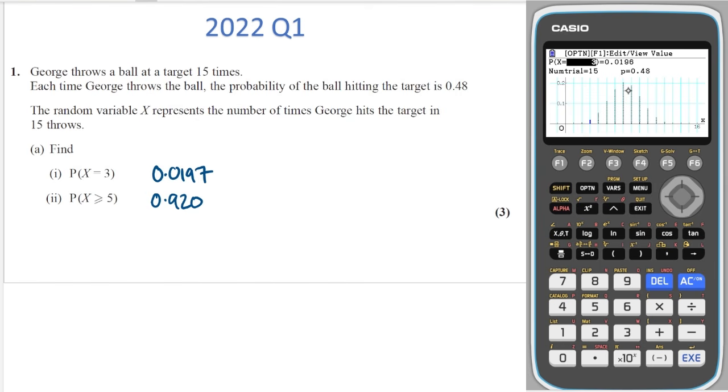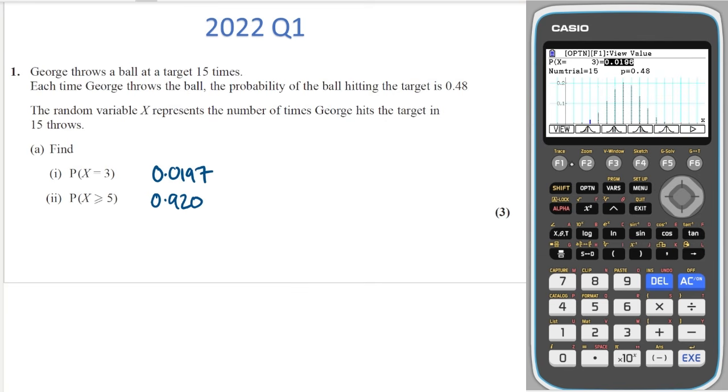And that will give me my first answer of 0.96. But do notice, if you do use this method, it will truncate the answer. So what you'd have to do is press Option and go across and press View, and that's where it will give you the full answer, which when rounded to 3 significant figures would actually give you a 7 at the end, not a 6.